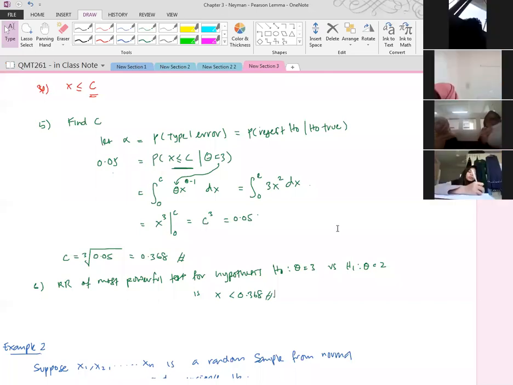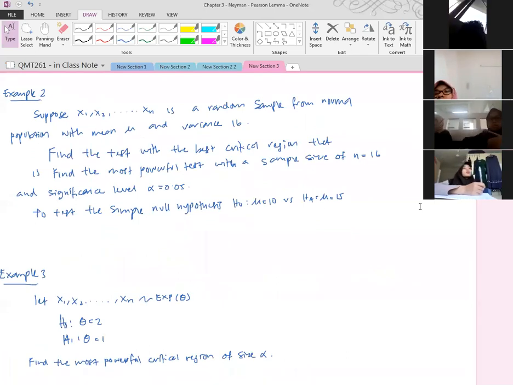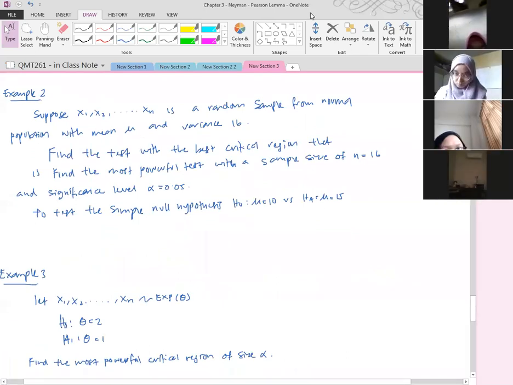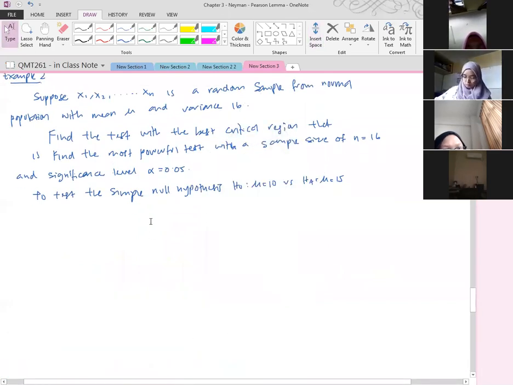Right. Can we move to the next example? Right, so now look at example number 2. Suppose x1 until xn is a random sample from a normal population with mean equal to mu and variance equal to 16. So we have n samples, mean equal to mu, and variance equal to 16.